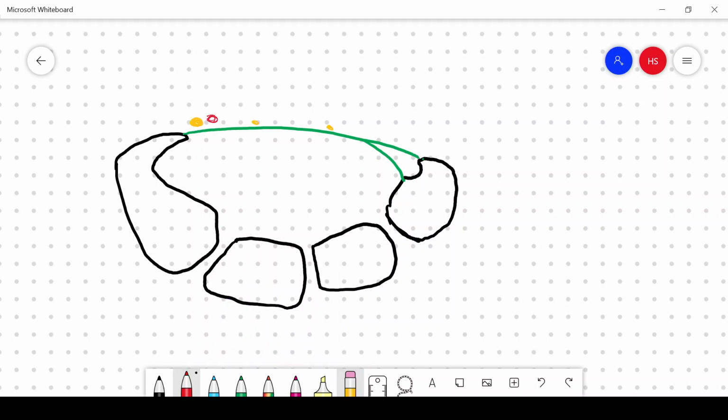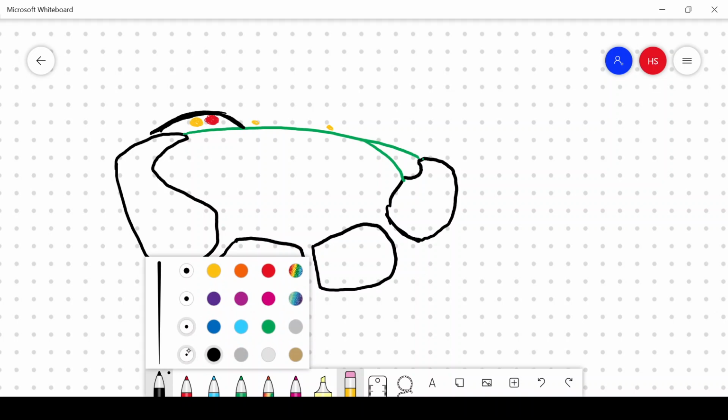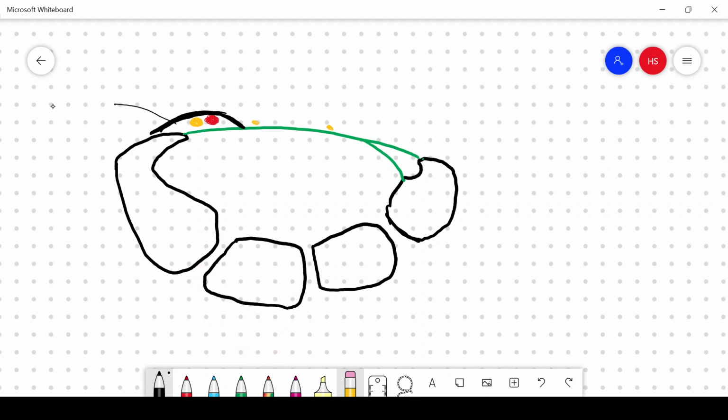There is the ulnar artery as well, right? And both these are covered by the palmar carpal ligament. So this thing is your Guyon's canal, right?